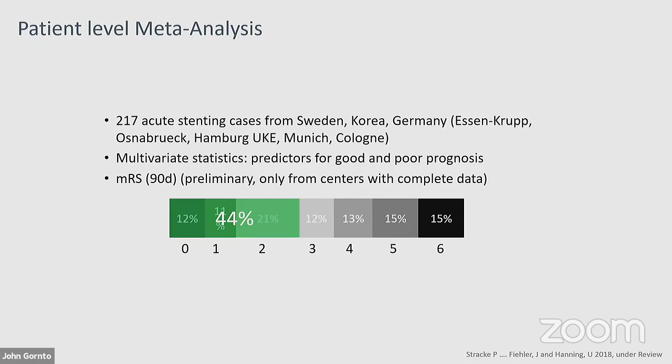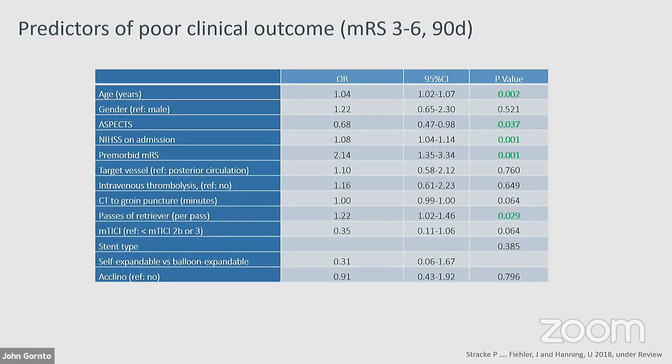And the good outcome was 44% in these cases. And the predictors of good clinical outcome were the usual suspects, but again, TICI-2B or 3 was a very important predictor.